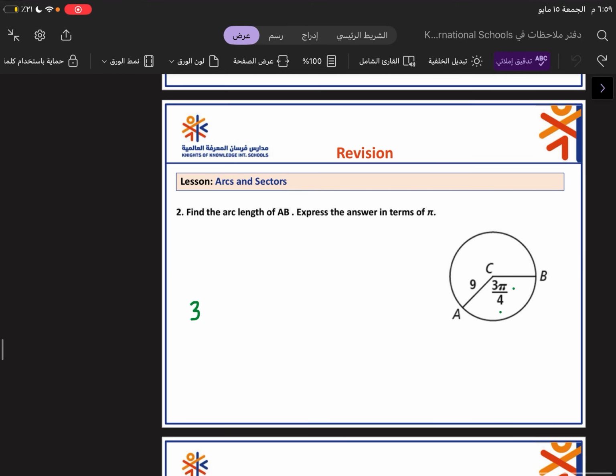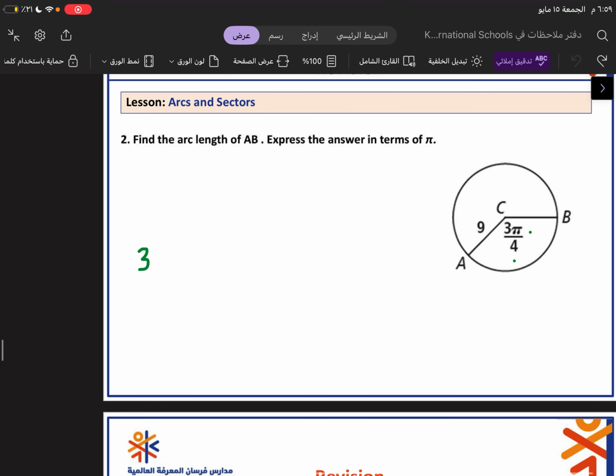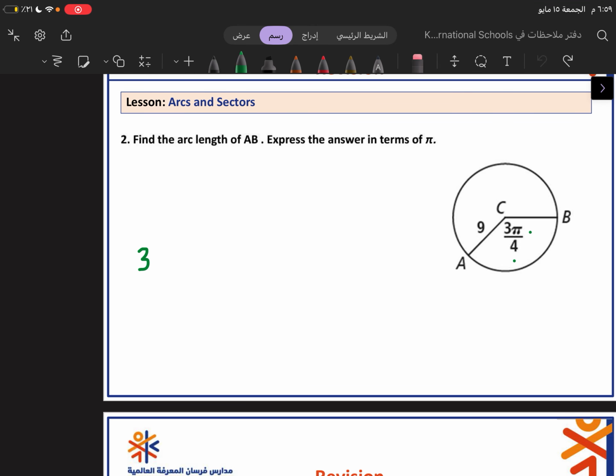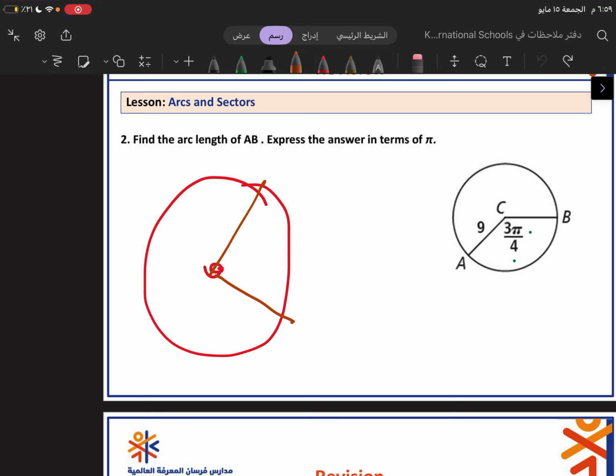Okay, I will give one example from my side. Take this one. If we have a circle like this, and an arc like this, and it asks me about the arc length.